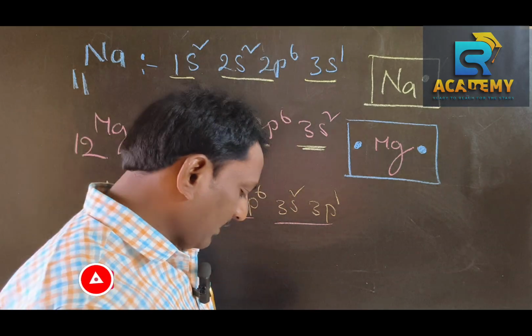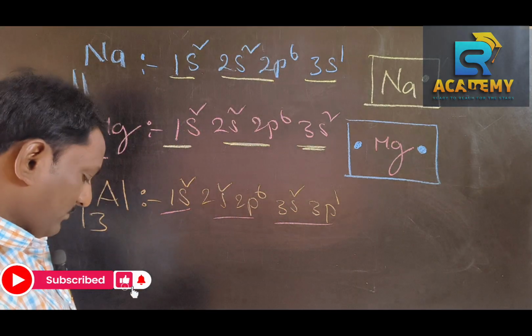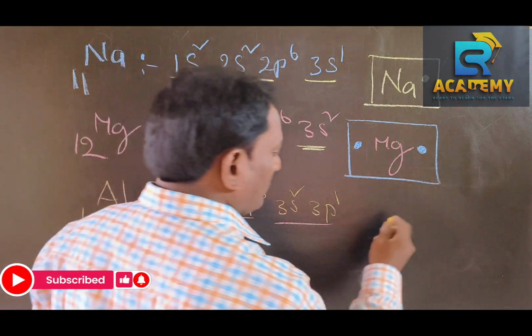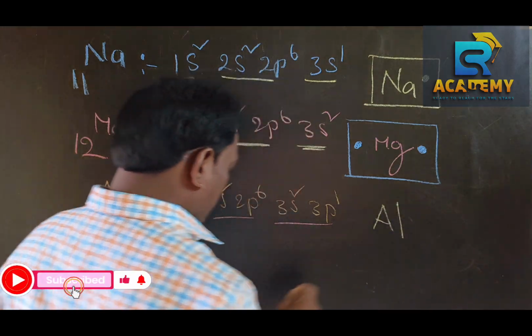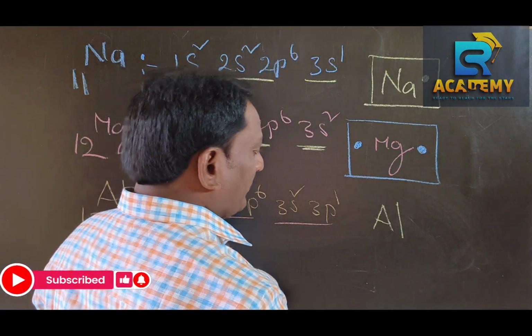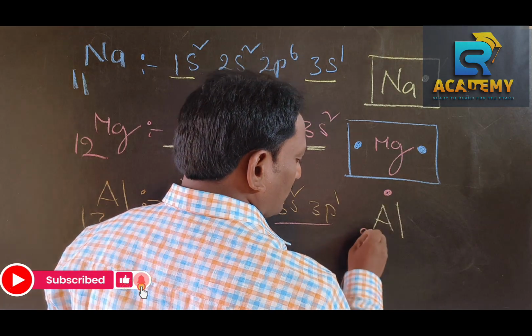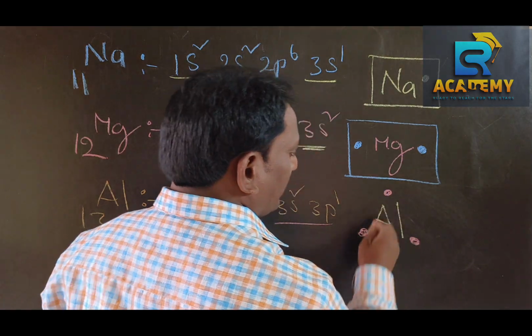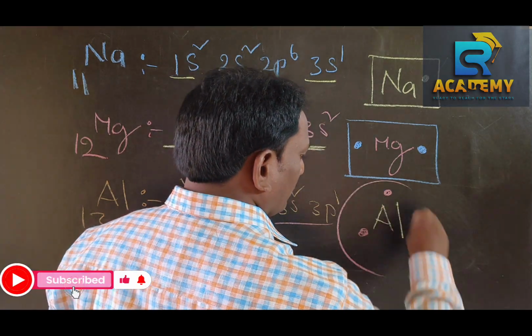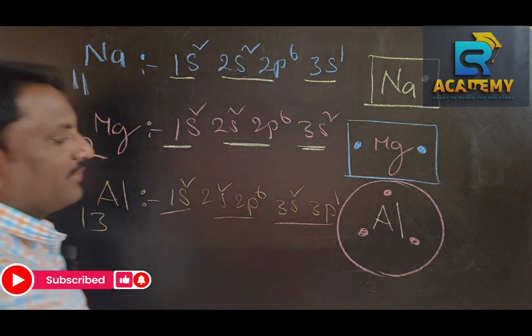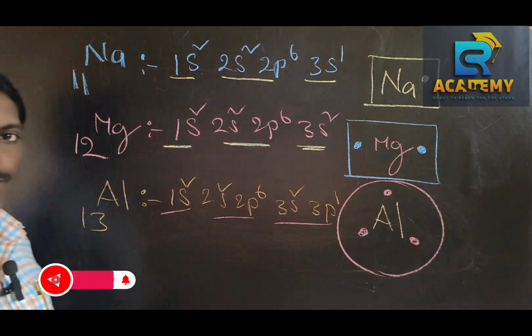Right. Aluminium Lewis dot structure: 3 unpaired electrons. This is the Lewis dot structure of aluminium.